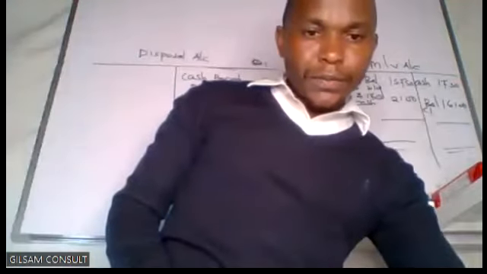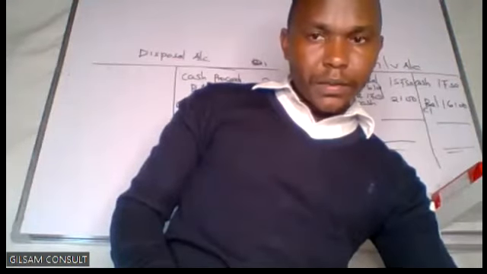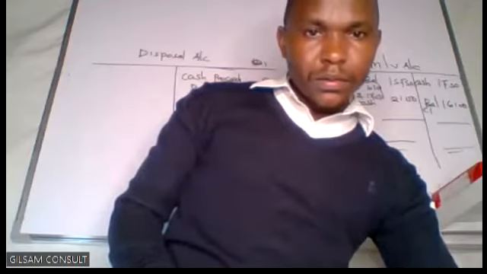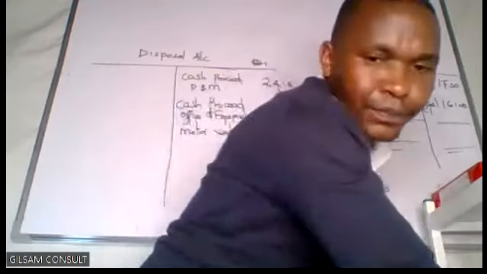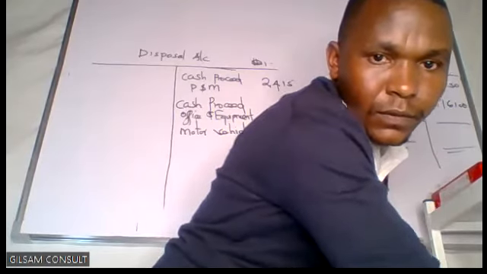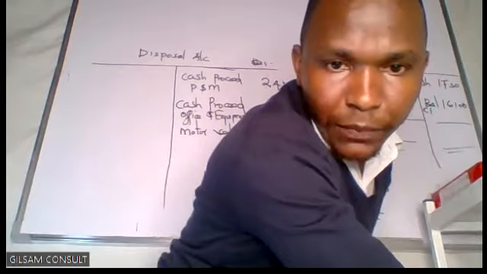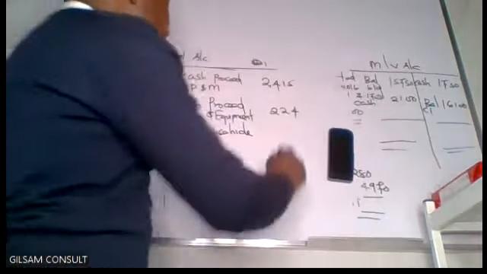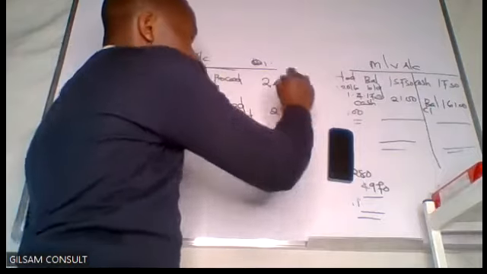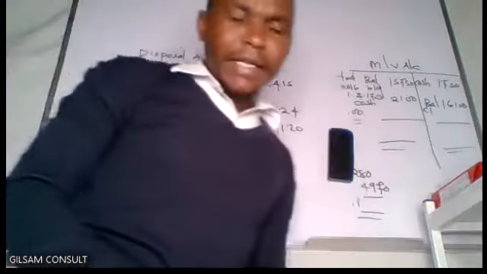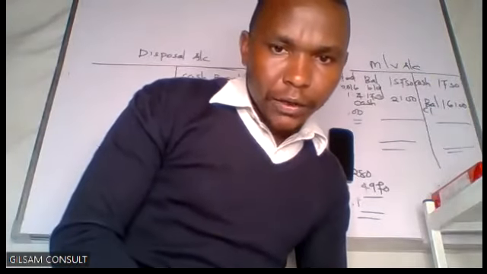Motor vehicle, we sold it at how much? When I printed my past paper, we sold the motor vehicle at 1120. 1120. So these are plant and machinery that we sold, what was the cost?